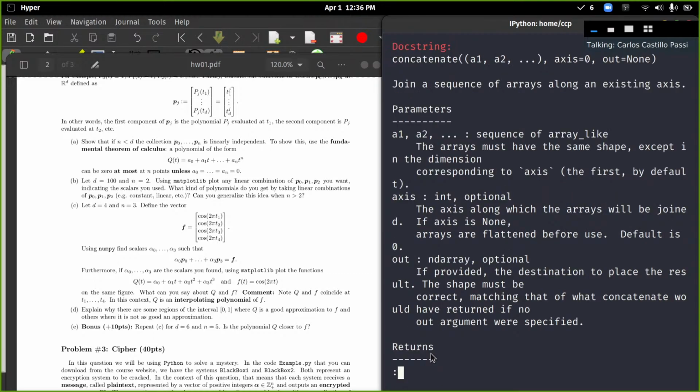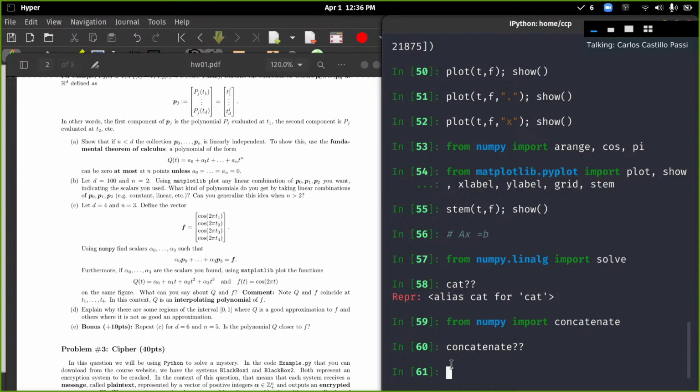So I ask Python, and you give concatenate a tuple of vectors and the axis in which you want to concatenate. So that's very easy. A equals to concatenate P0, P1, P2, P3, and the axis is the 1 axis.